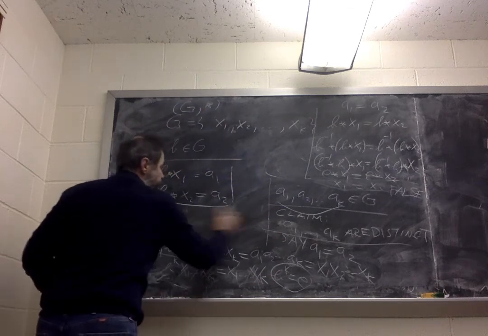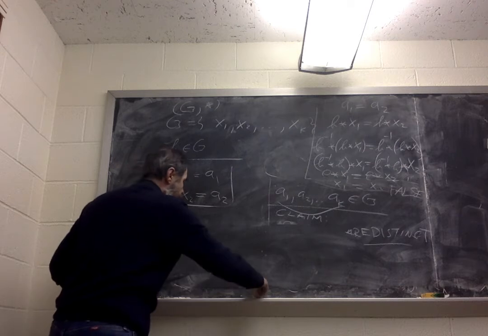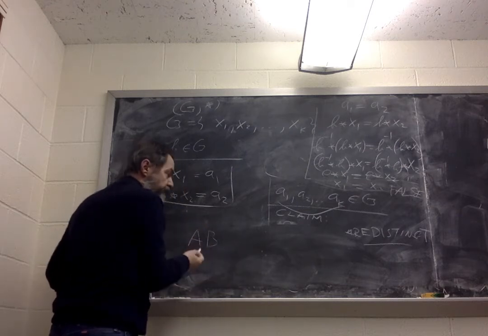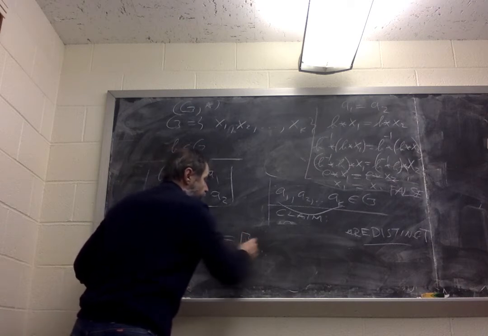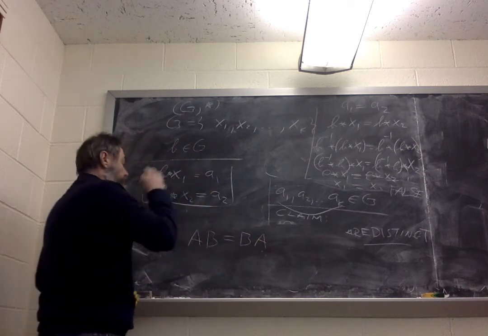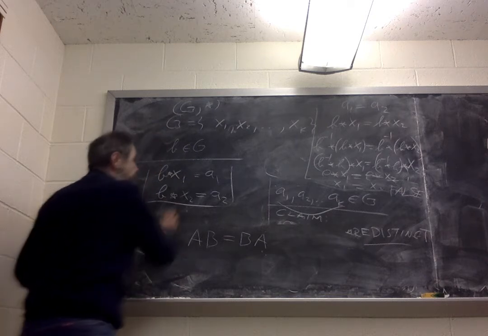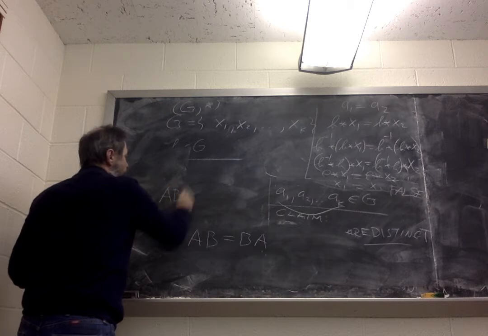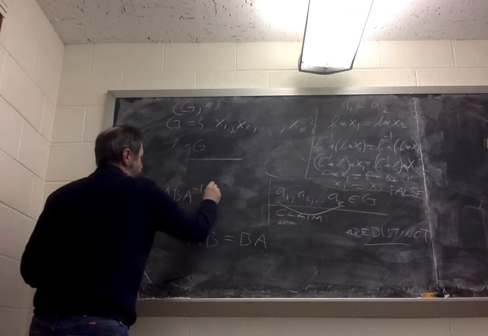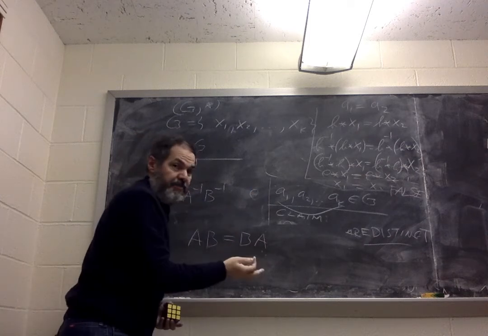So in a group that's not abelian, not commutative, if I take any element A and multiply by B, I don't necessarily get A times B equal to B times A. What I'm saying now is that one way to check is to compute A, B, A inverse, B inverse, and see if this is or is not the neutral element.